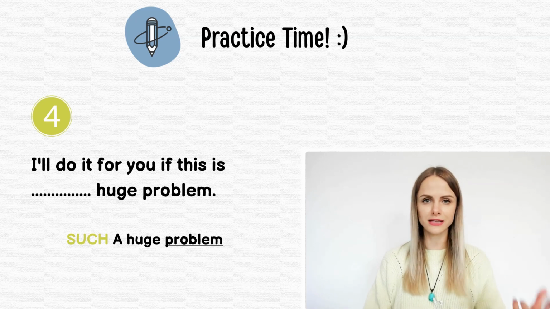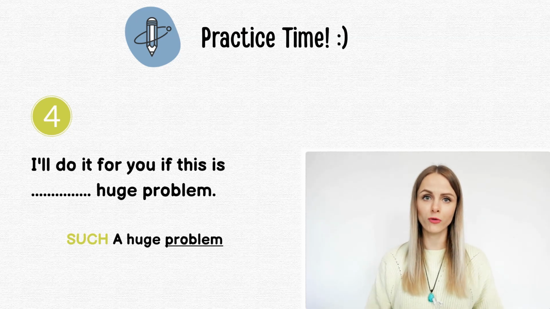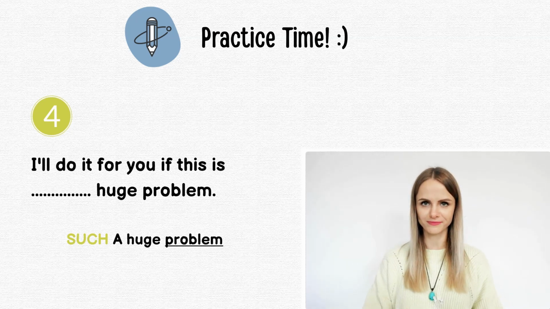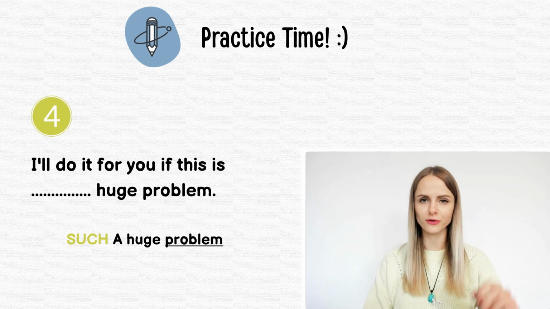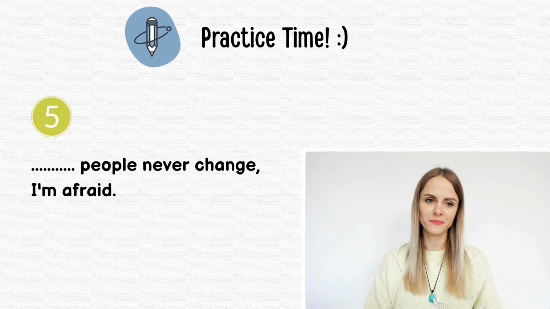So you see, such a, because we have problem, we have a noun. It's in the singular form, one problem. So we simply say such a huge problem. I hope it's clear. Number 5, there are 8 of these sentences, so bear with me. Number 5, look at this.